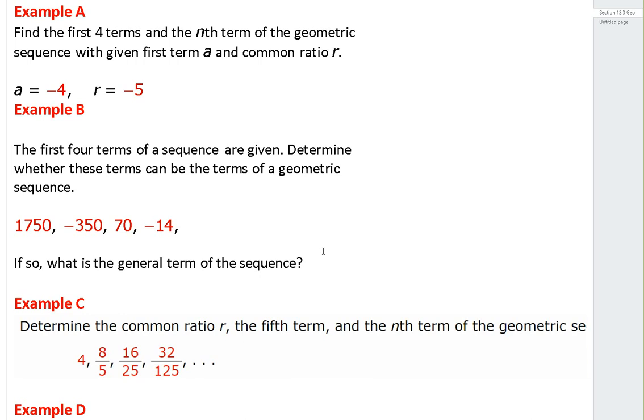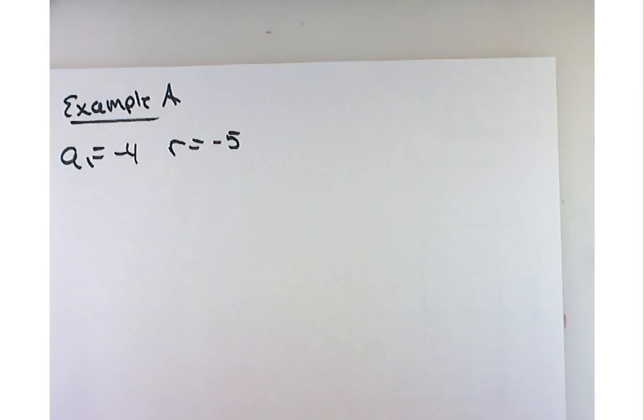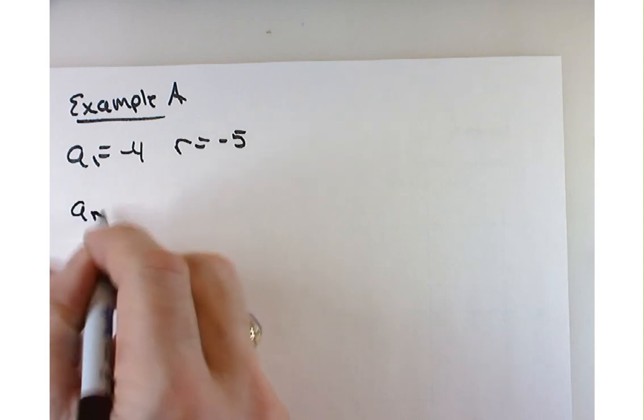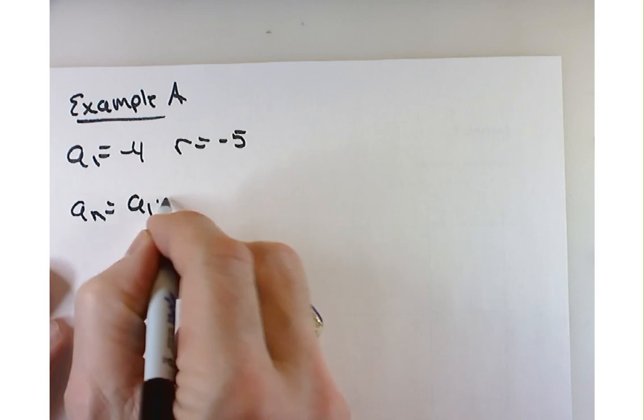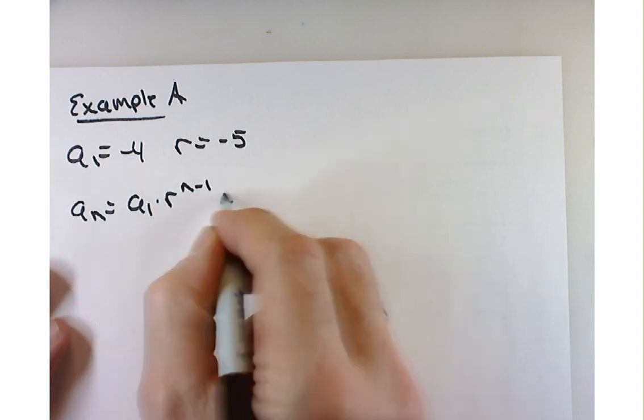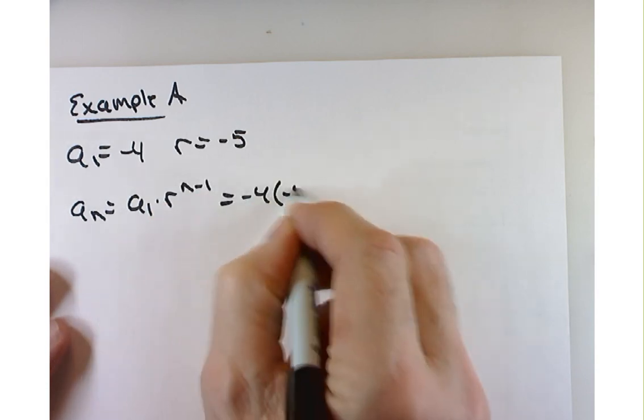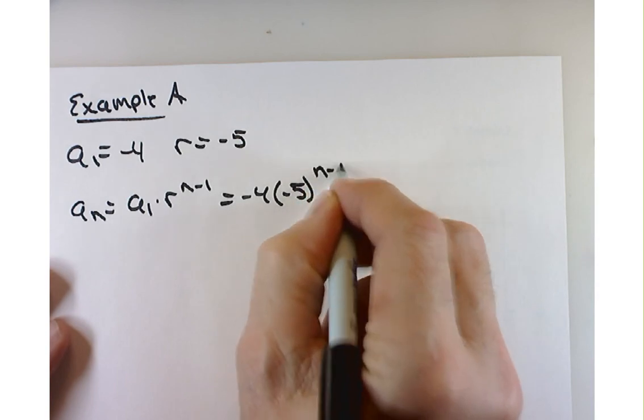A sub 1 is -4, r is -5. Let's write out the first few terms of this sequence. Well, let's first write the general form. The general form is going to be a sub n is a sub 1 times r to the n minus 1, or -4 times -5 to the n minus 1.